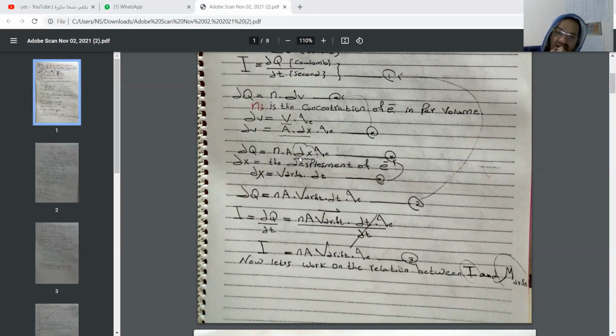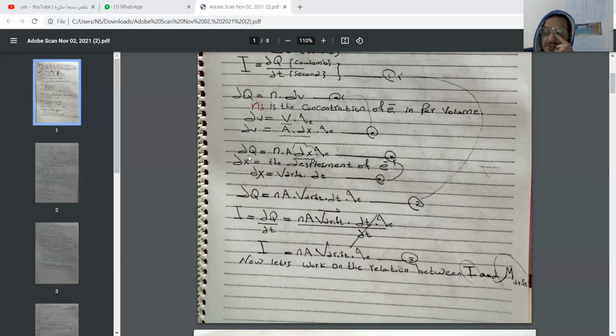Let's work on dx. dx is equal to the drift velocity of the electron dot the differential of the time, or we can say dx divided by dt equals the drift velocity of the electron. Now let's put dx equal to the drift velocity of electron dot dt instead of the dx here.